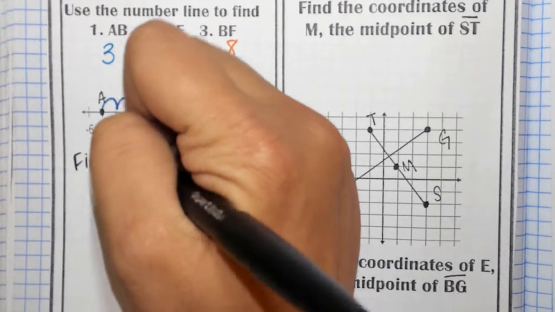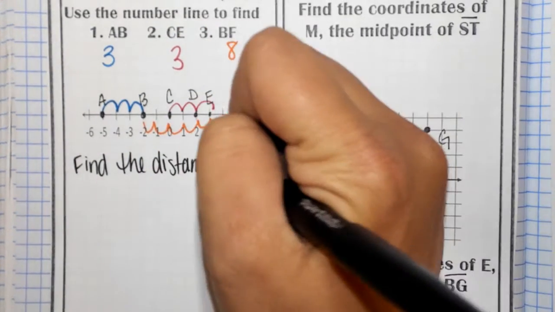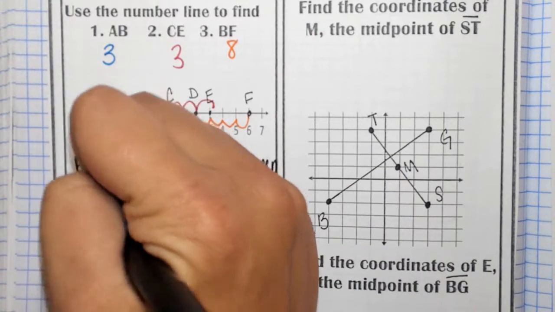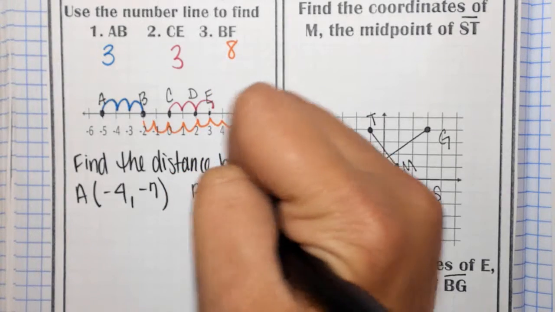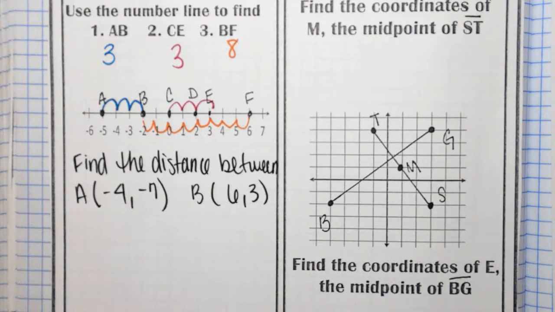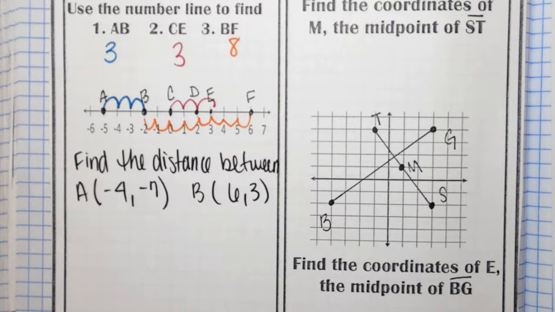Now, what if I said, find the distance between A at -4, -7, and B at 6, 3. Would these points be on the coordinate plane or on a number line?